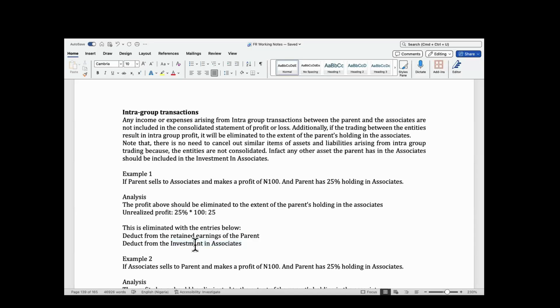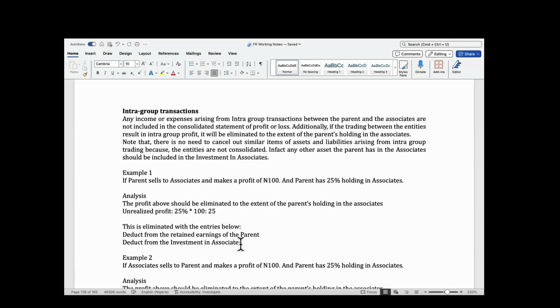So when you need to eliminate unrealized profits, especially if it's a transaction where it is the parent that sold, you remove it from the retained earnings of the parents and from the investments in associates, because the other leg will have been inventory, but we don't consolidate associates. So there is no way we can deduct it from inventory. And that is why we are deducting it from investments in associates.